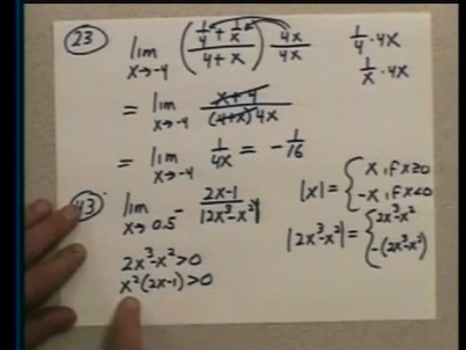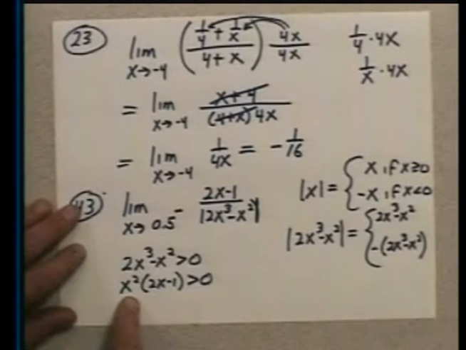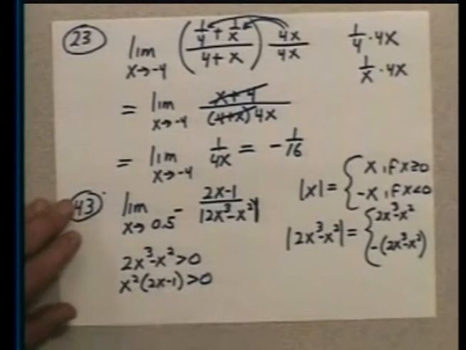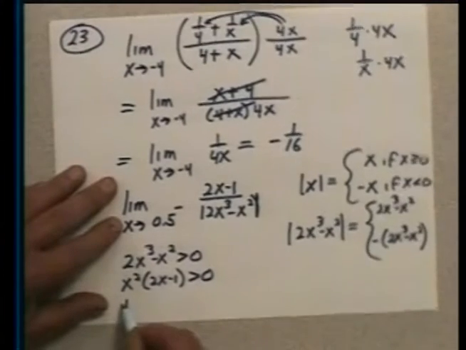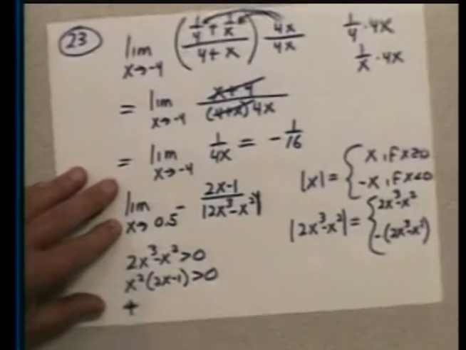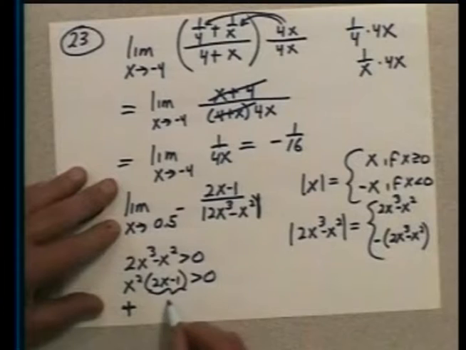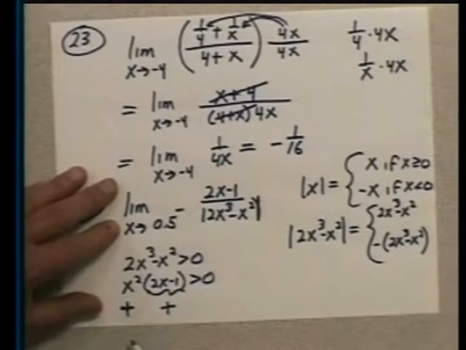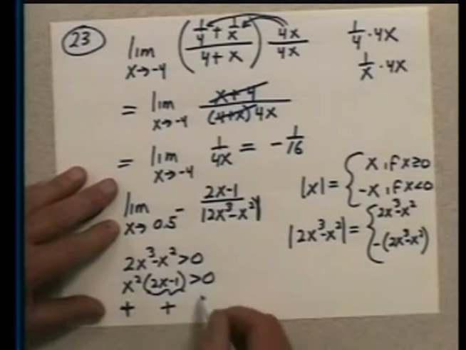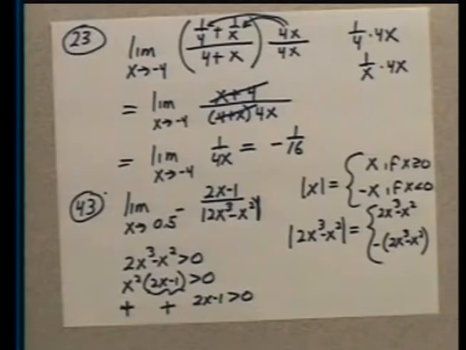But what about x squared? He's always positive, or at least greater than or equal to 0. So if this is always greater than or equal to 0, then this factor has to be positive also, or there's no hope. So the next step here is 2x minus 1 also has to be greater than or equal to 0.